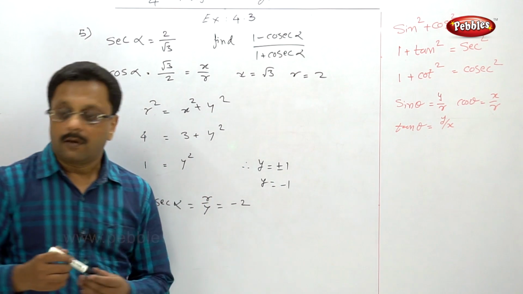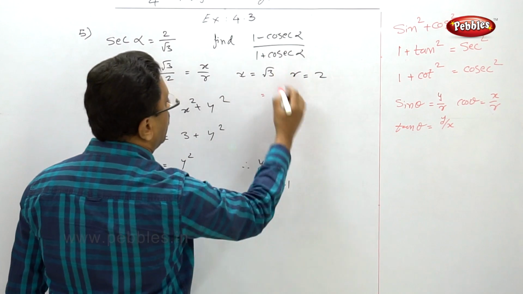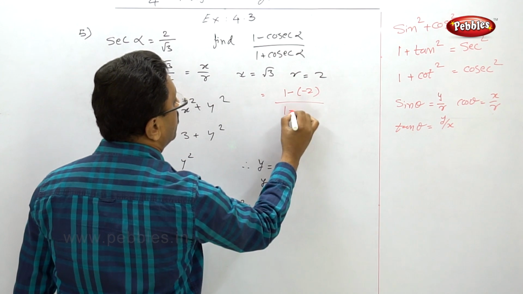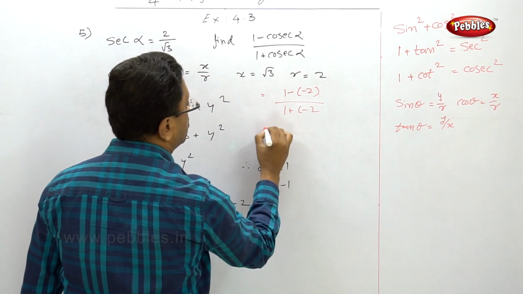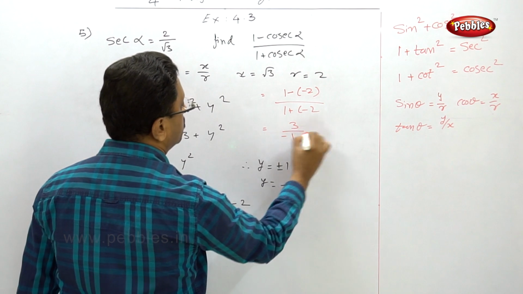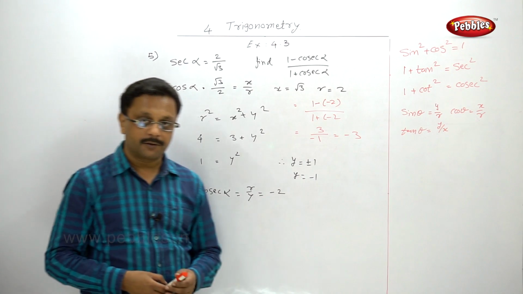So we have, from here, 1 minus minus 2 upon 1 plus minus 2, that is nothing but 3 upon minus 1, that is minus 3. I hope you understood this.